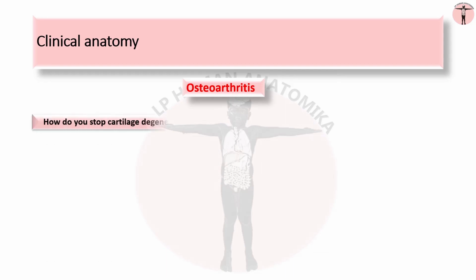How do you stop cartilage degeneration? Exercise regularly every day so that the joints are mobile. It will fight stiffness and help protect the cartilage from more wear and tear. If it is said to exercise regularly, it doesn't mean you have to overuse the joint and always be exercising.